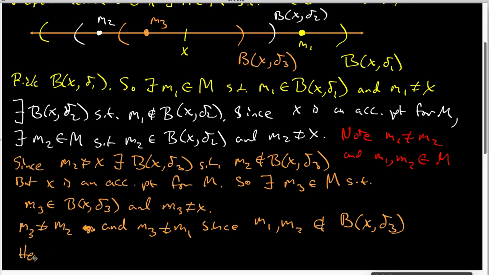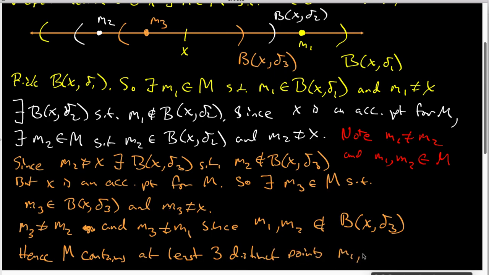And hence, set M contains at least 3 points, namely M1, M2, and M3. In the next video, we're going to continue investigating this idea and where it goes in its natural conclusion.